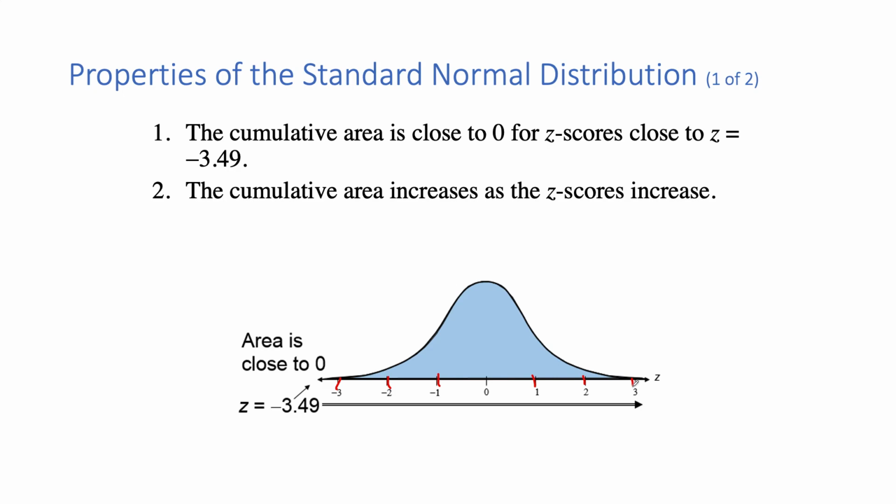So with the standard normal distribution, we arbitrarily cut it off at -3.49. In reality, the distribution keeps going. It never hits the axis, but we arbitrarily cut it off at -3.49, and on this end at 3.49, because by the time we hit -3 or +3, we already covered 99.7% of the data. If we keep going further, there is very little mass left in the tail, so you can approximate it as if it's hitting the axis at 3.49 and you get a close figure.